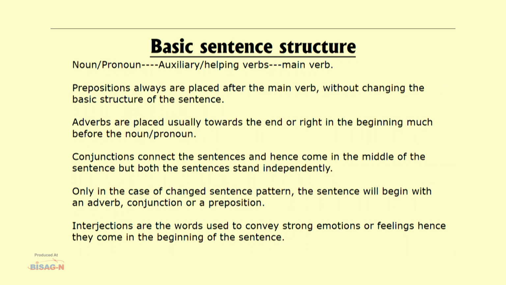जैसे कि मैंने आपसे कभी sentence discuss किया that I am going and then there is a to. I am going to Ahmedabad, I am going to London, I am going for a meeting, right? What is this to and for? To and for, they both are prepositions. And prepositions are always placed after the main verb without changing the basic structure of the sentence.